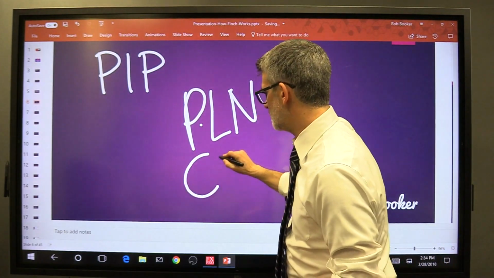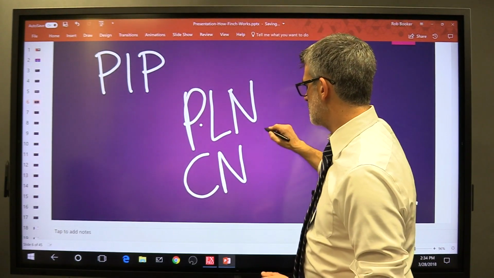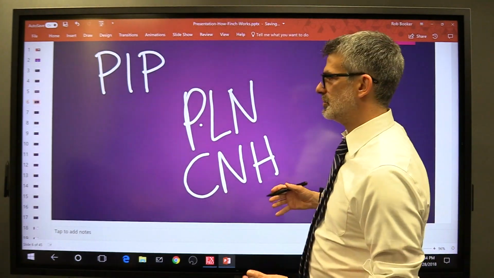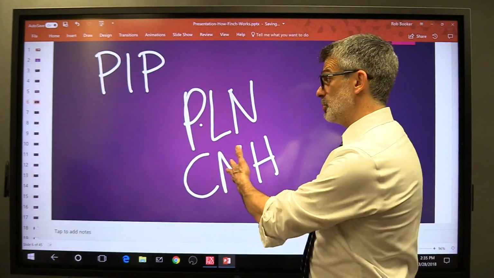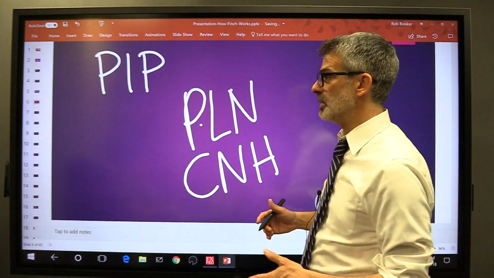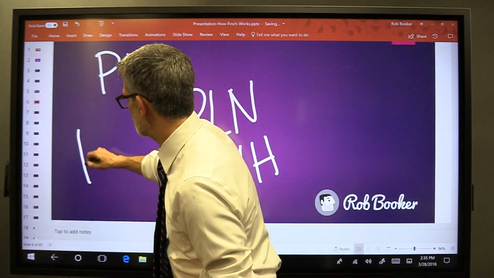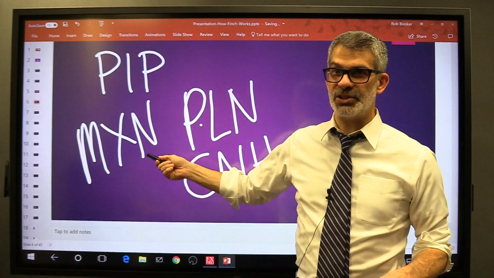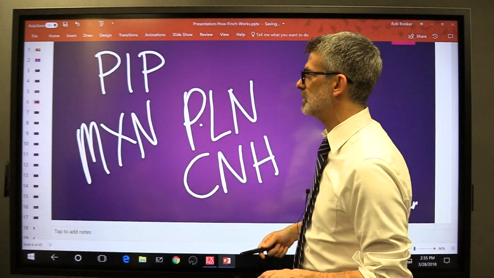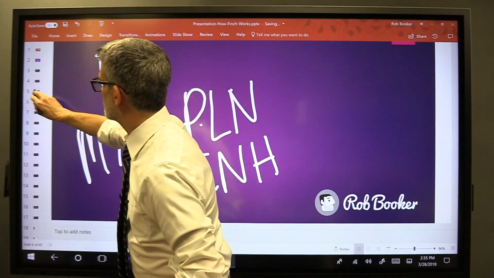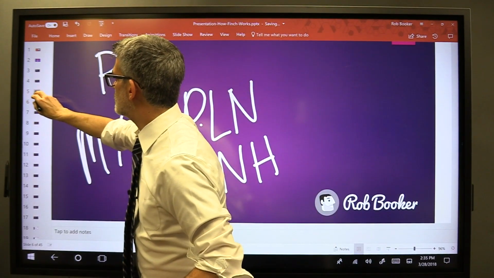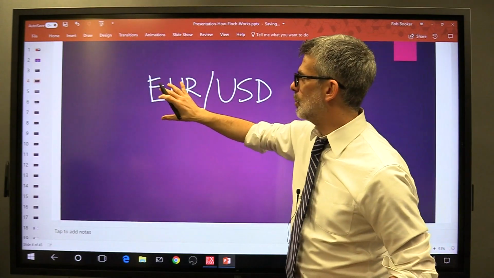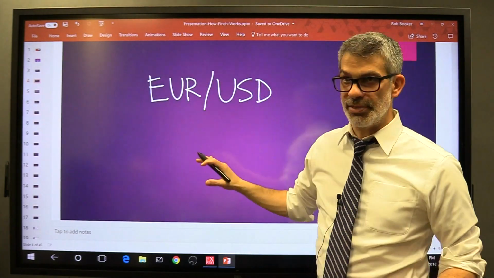You might see something like CNH, which would refer to the Chinese yuan. We're not going to trade that either, but your broker, you might see that one. You might see the Mexican peso, MXN, which is the wildest, greatest, most fun currency to trade in the world. But in summary, a currency pair is a combination of one currency against another.